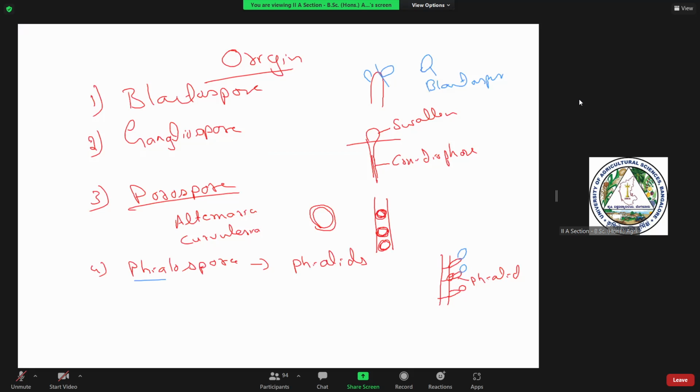Those are called phialospores. An example is Aspergillus, or as I said, Trichoderma, which is a very common biocontrol agent against many soil-borne diseases.